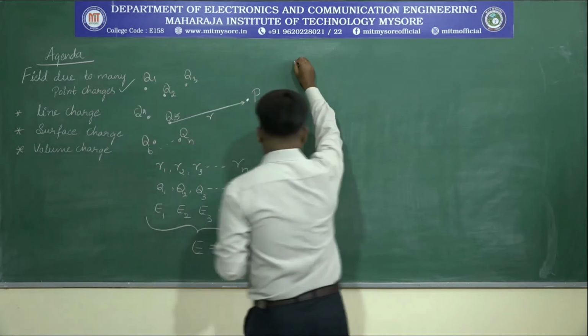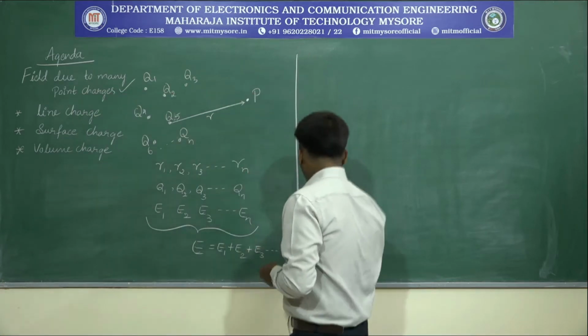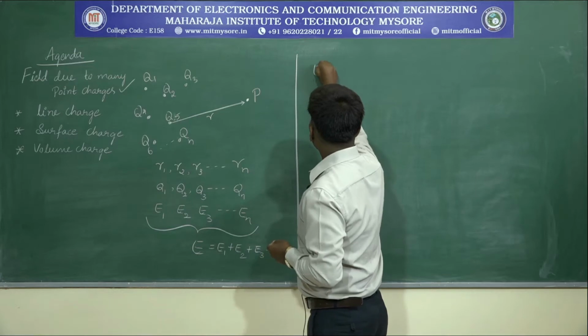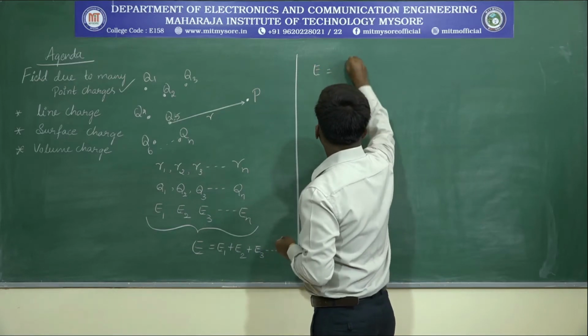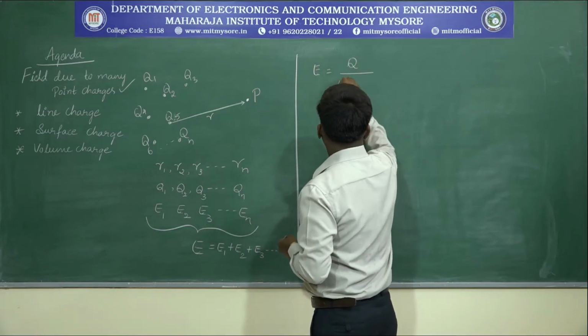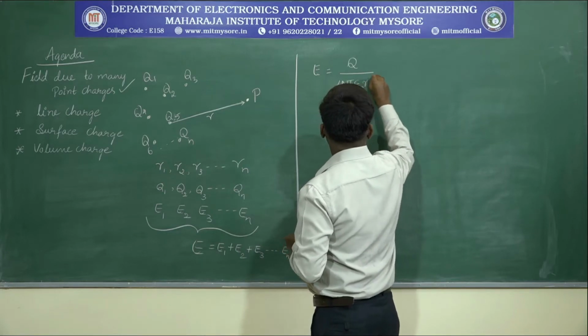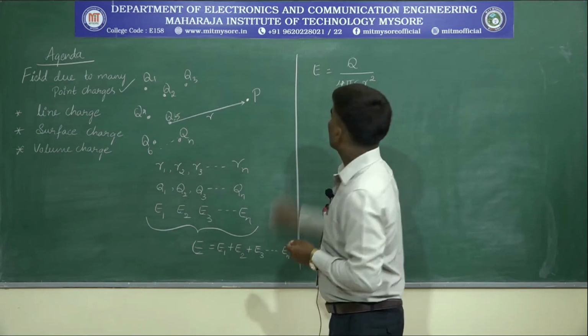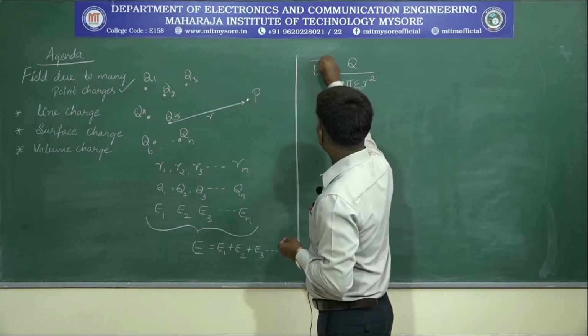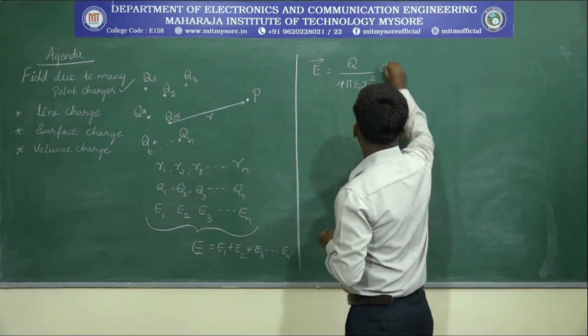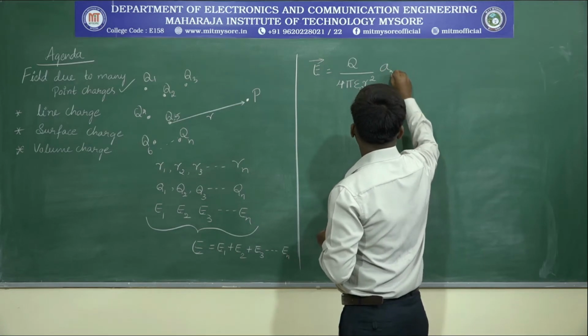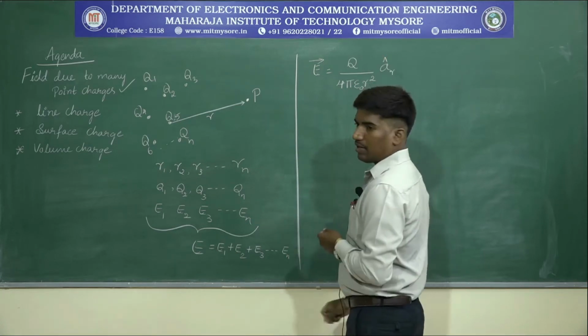Now coming to the mathematical equation for the same, we know that E is equal to Q divided by 4 pi epsilon naught R square. If we represent it in vector form, we get a R cap.